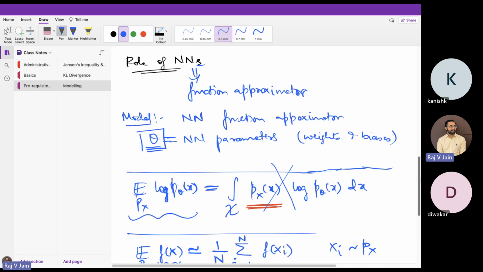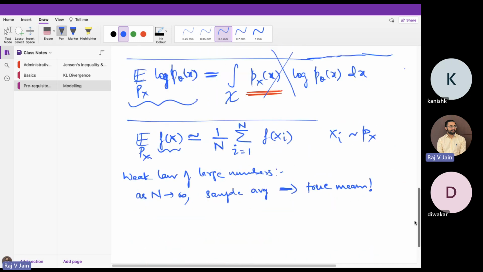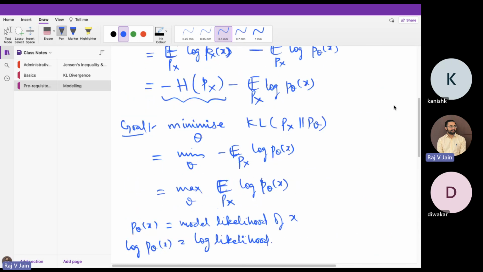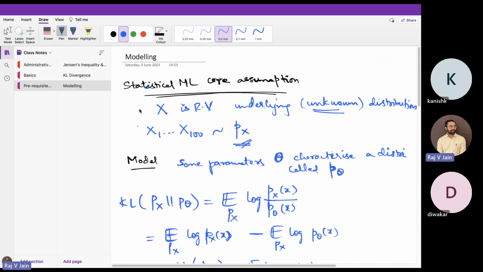So now the question comes, do we have samples from this distribution? Yes, we do, because that's the exact core assumption that we had discussed in this page. Whatever data I have, I'm assuming these are just samples from an underlying distribution. So I have, let's say, n samples from this distribution.